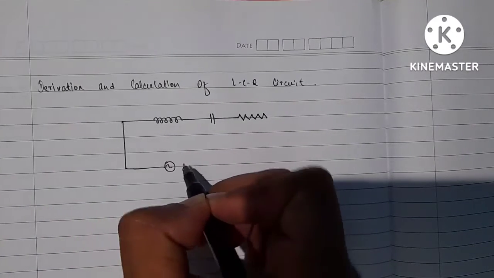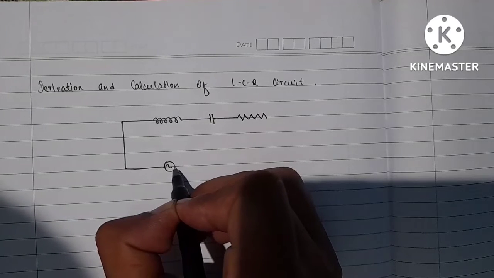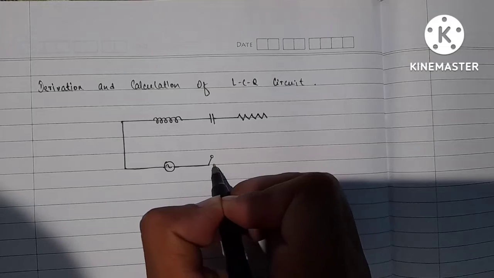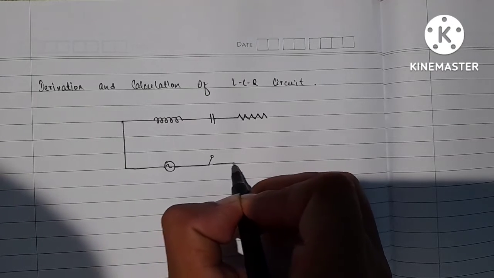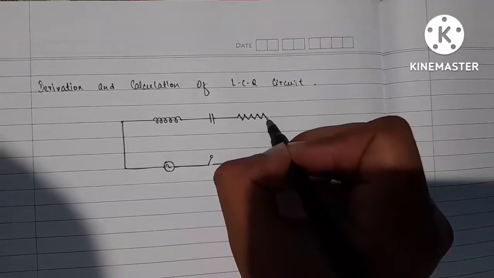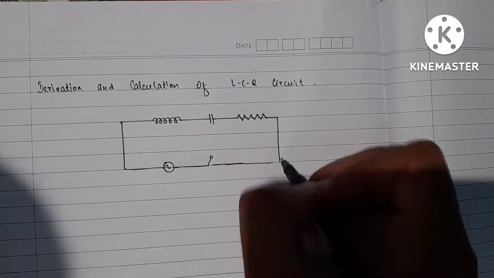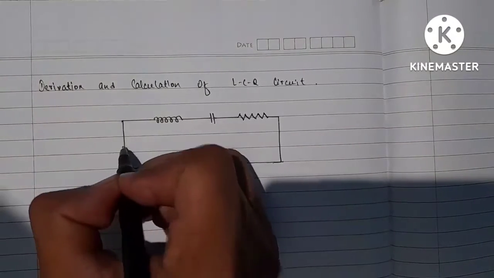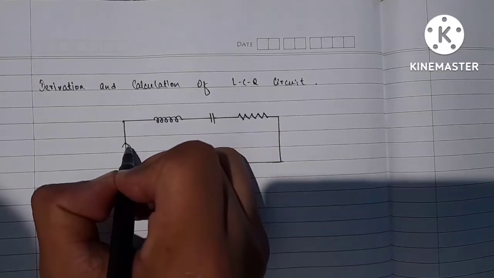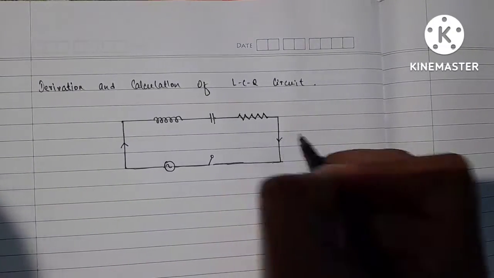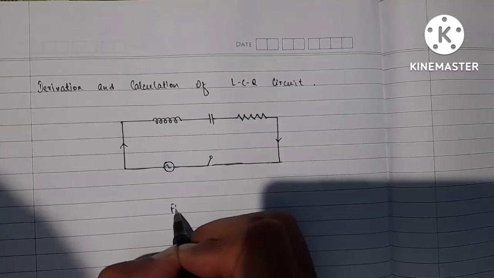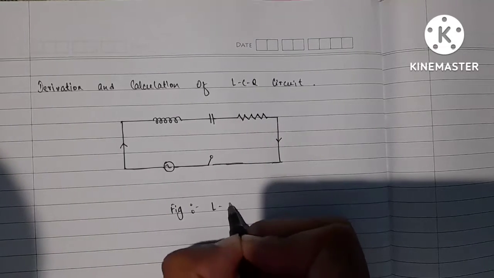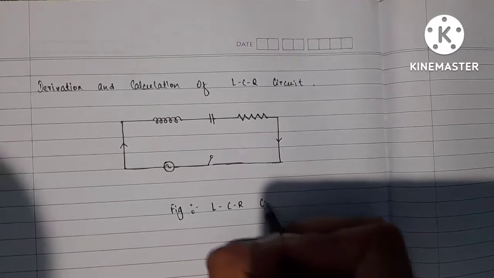This is the AC source voltage, and this is the key. This is the current flowing through the circuit. Figure: L-C-R circuit.